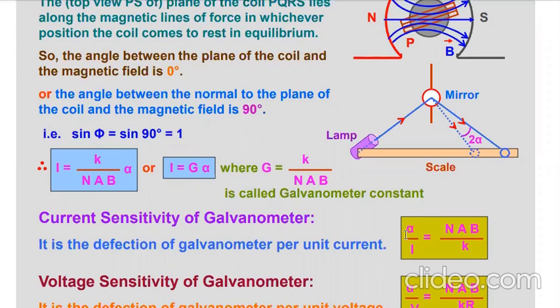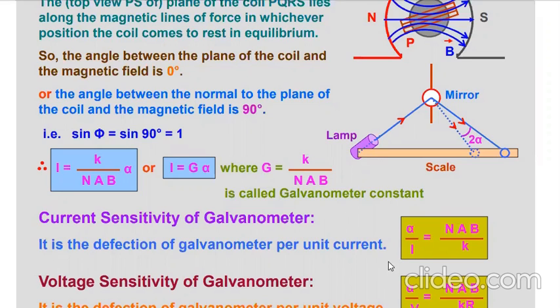So deflection is alpha, that is twisting angle, and per unit current. If for a small current there is large deflection, then we can say that the galvanometer is more sensitive to even a small current.